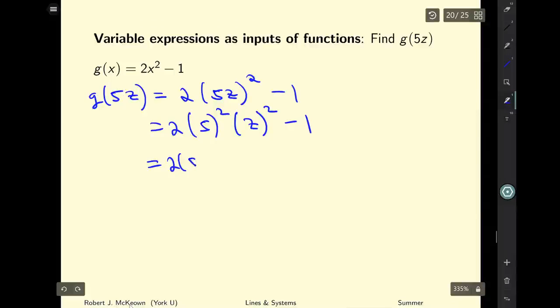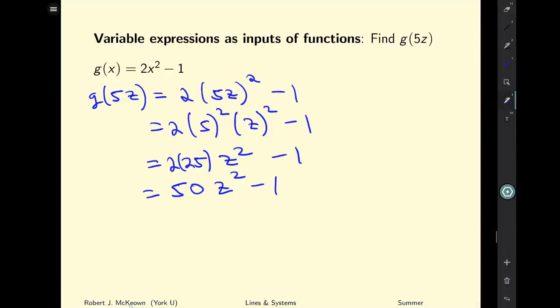When I work through, getting ahead of myself, 50 z squared, forgetting the minus 1, I'm going a little too fast, but there is the answer. So if we want to evaluate g of x at 5z, we can do that.